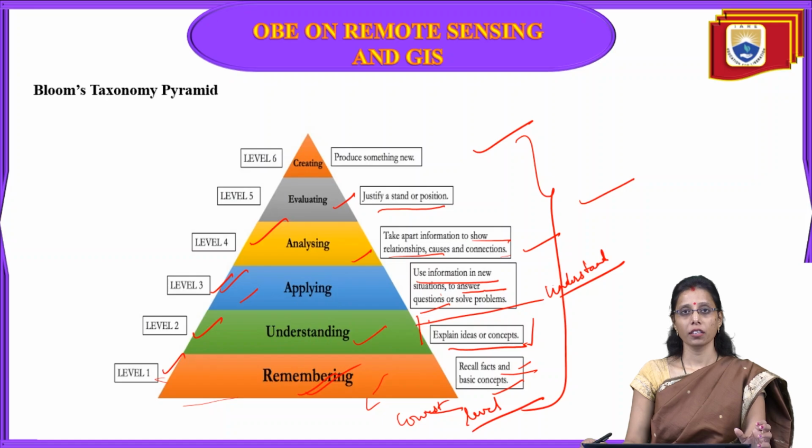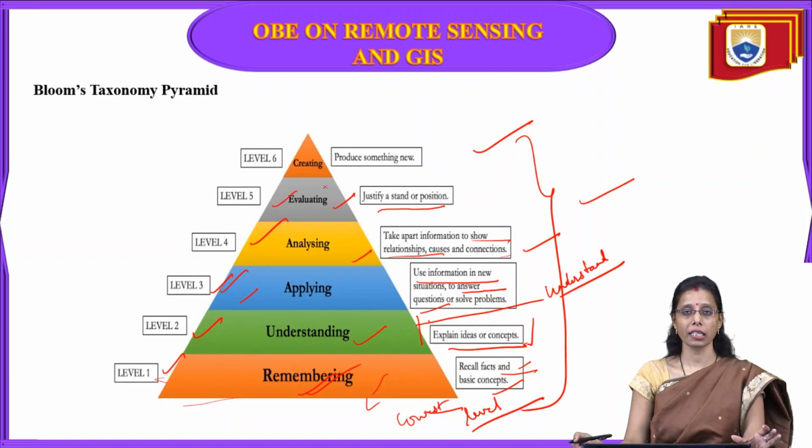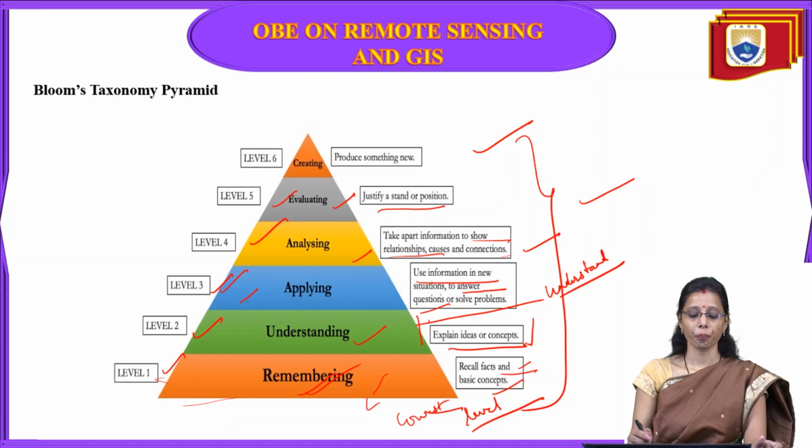Some justification should be given for the statements to answer such questions. So the 5th level of Bloom's taxonomy is to answer such questions, where you try to evaluate, justify the position, stand at that particular position, and tell the answer to that question.